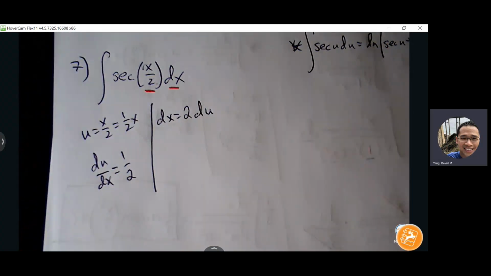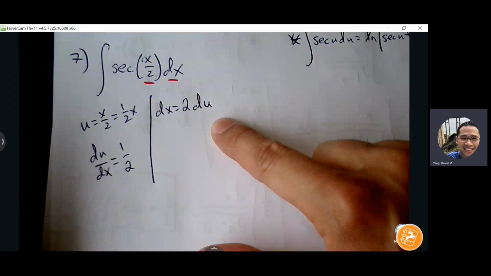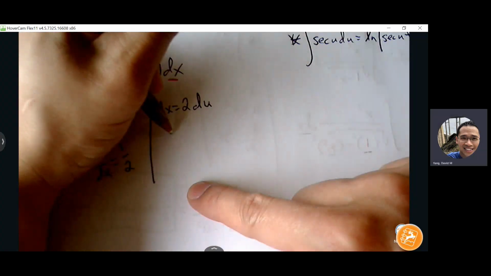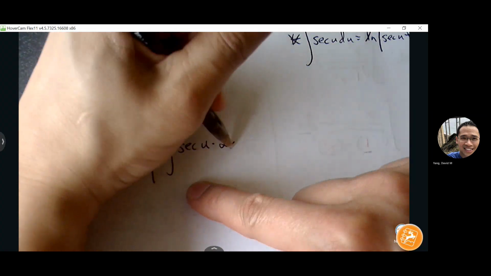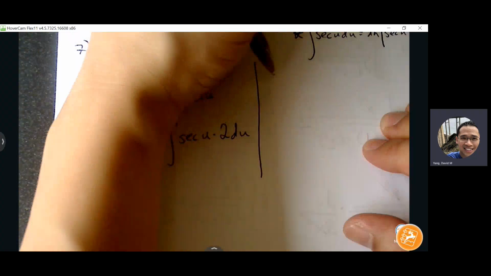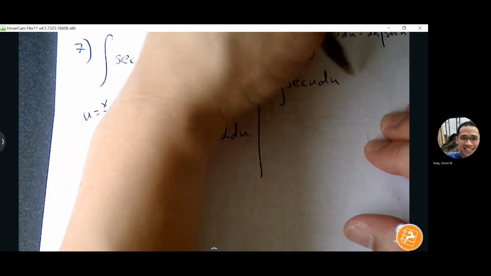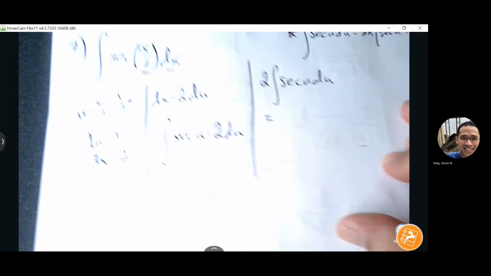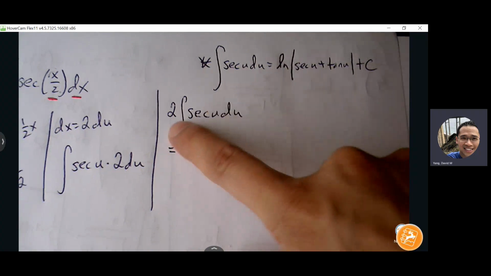So it's always just the reciprocal of the derivative, especially with these easy linear u values. Pull the 2 out in front. So now we just follow the rule. Then replace the u back in terms of x, and then make sure we keep the 2.